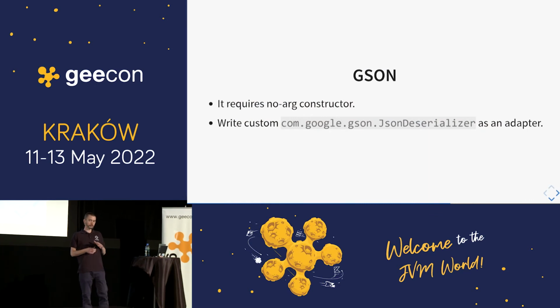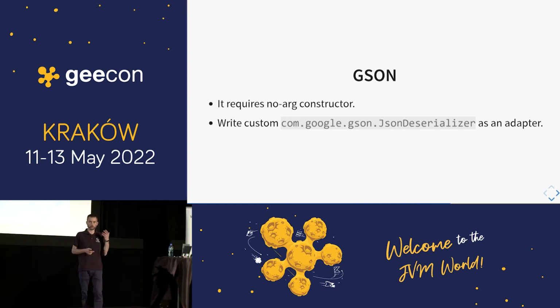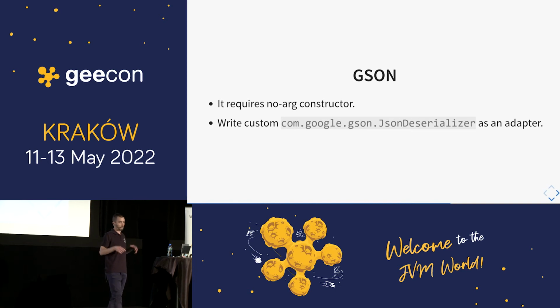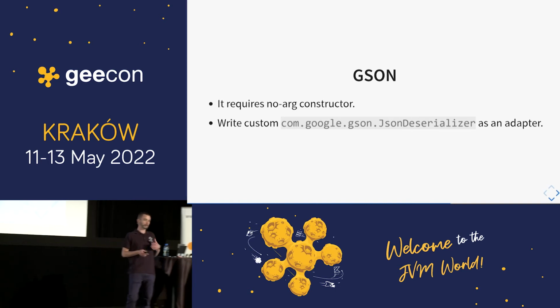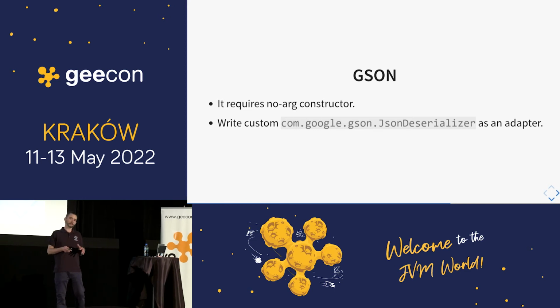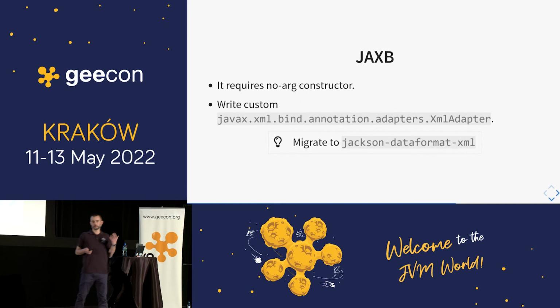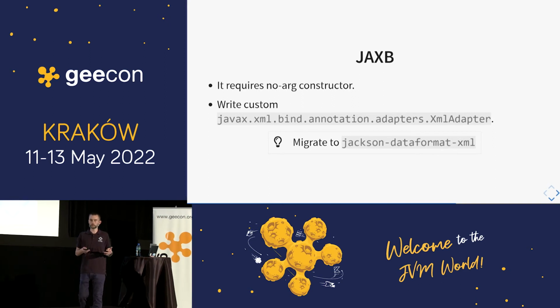My purpose of this talk was to present that today, thanks to records, thanks to Lombok, and thanks to the evolution of Java libraries, we don't have to think about immutability as a problem. Most libraries are ready for immutable classes, but not all. Sometimes you have to just keep mutable code.